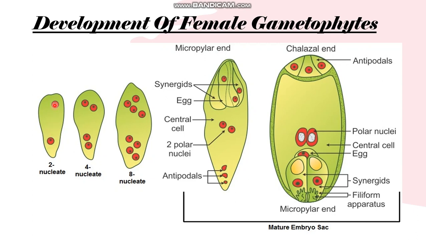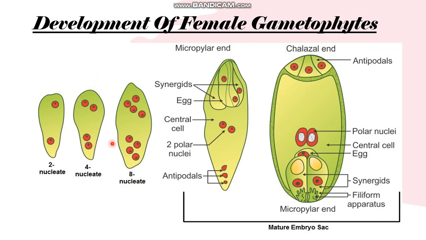The two nuclei move to the opposite poles. After that, these nuclei further divide successively two times by mitosis. This division is free nuclear mitotic division. The cytoplasm doesn't divide. So after the second mitotic division, at the two poles, we get a four nucleated embryo sac.